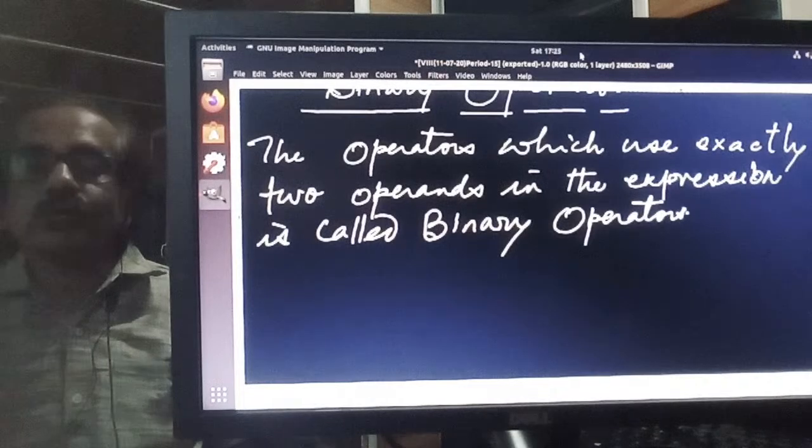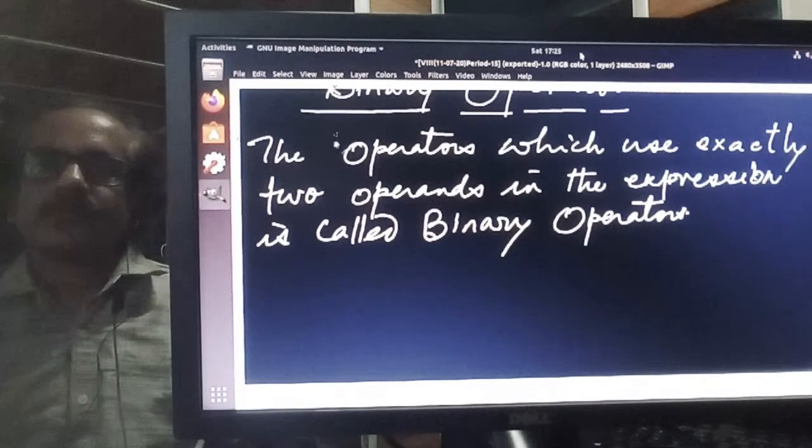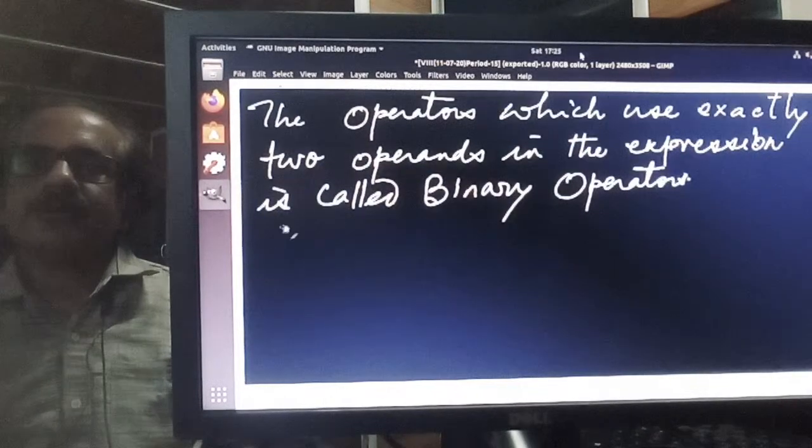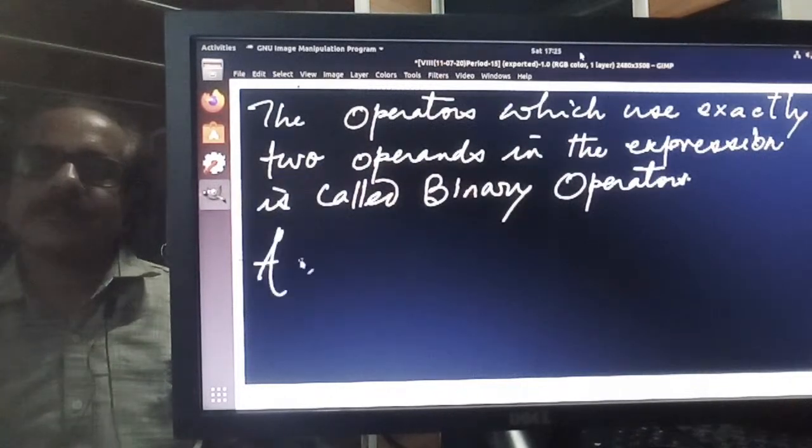Two operands are necessary. The first group is already known to you: arithmetic operators.